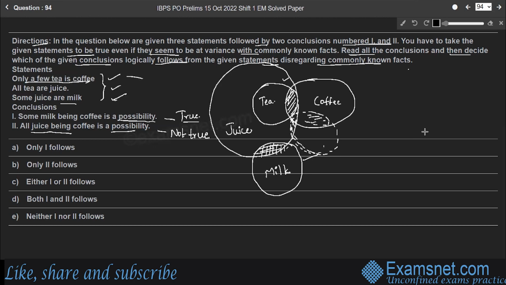So because of the first statement, only a few tea is coffee, that means only a portion of juice is coffee. That means the remaining portion of juice is not coffee. Right? Only this portion, strictly a portion of juice, is coffee. Therefore, the second conclusion is not true. All juice being coffee is a possibility. It is not true. Therefore, only conclusion 1 follows is the right answer. Option A.